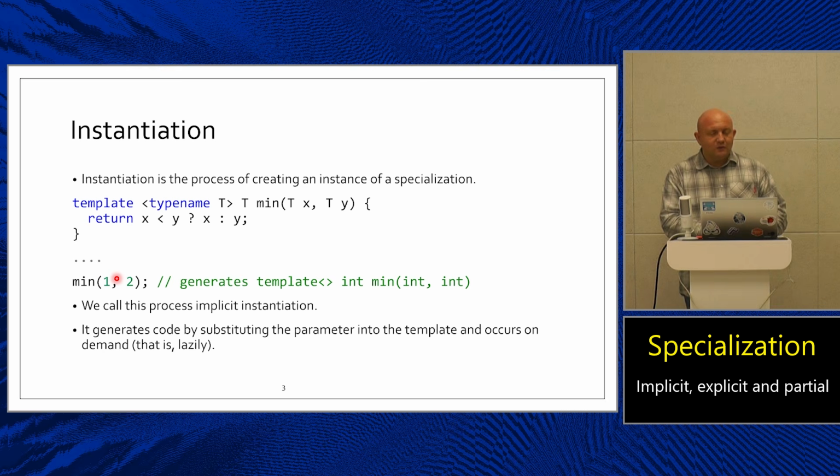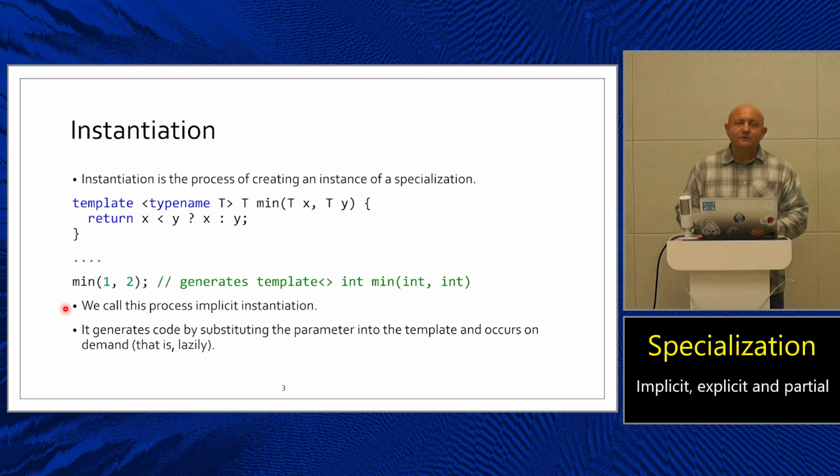And you can call this min function with integer arguments again and again later in the same translation unit, and the compiler will not instantiate it a second time. It will see that the declaration has already been generated and will simply reuse it.